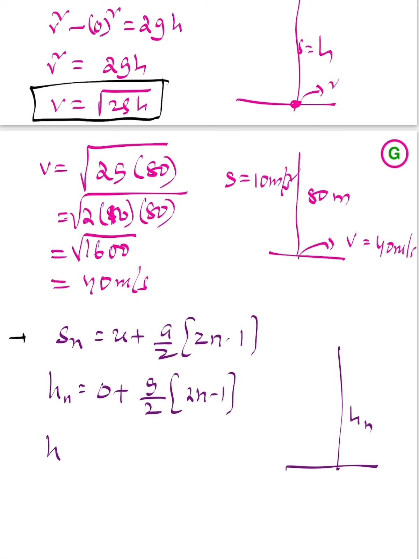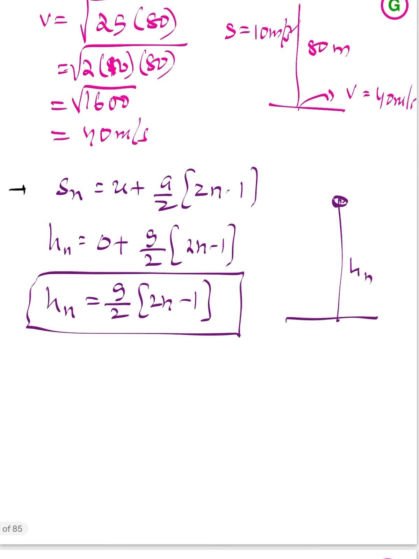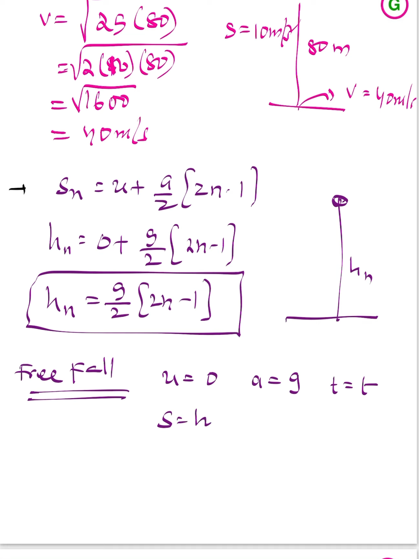This is the last equation of motion in the case of falling bodies. So what we learn for free fall bodies: the main conditions are initial velocity 0, acceleration equal to g, a time taken t, displacement s equal to h, and a final velocity.